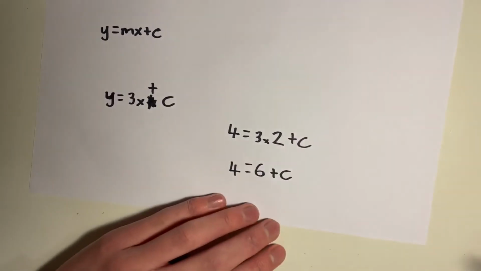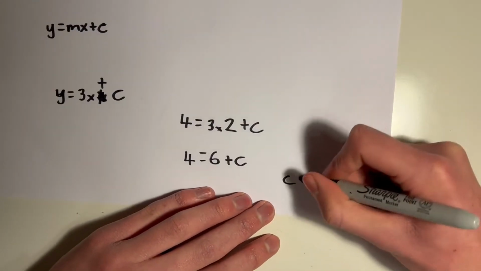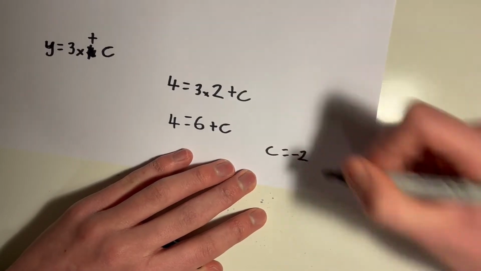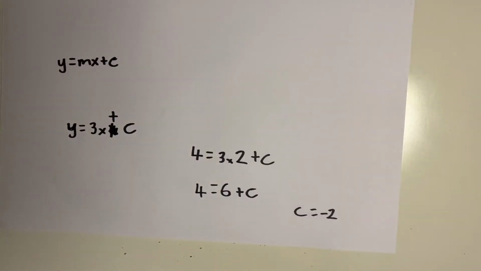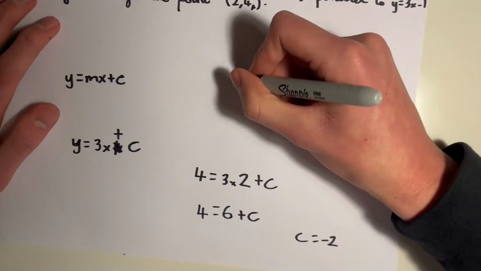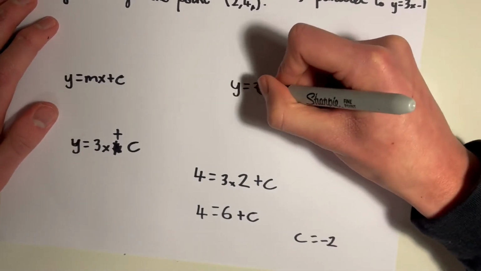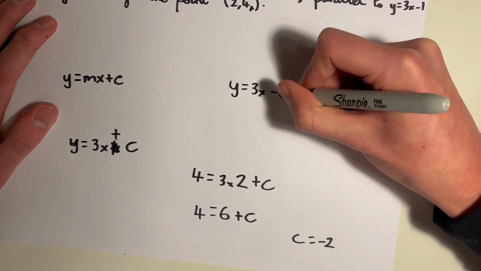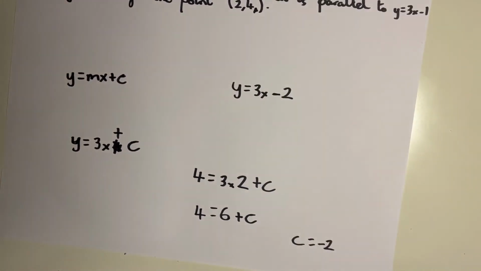So if you minus 6 from both sides, we get c equals minus 2. So the final equation of the line we're trying to work out is y equals 3x minus 2. Bash. Very epic, very epic.